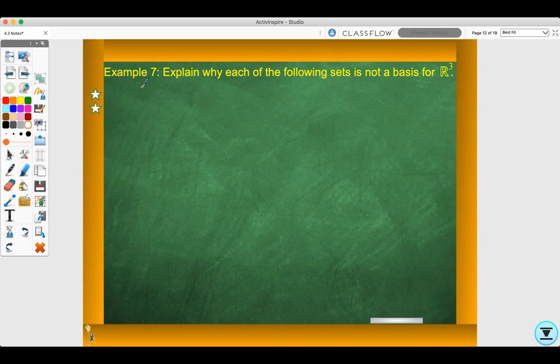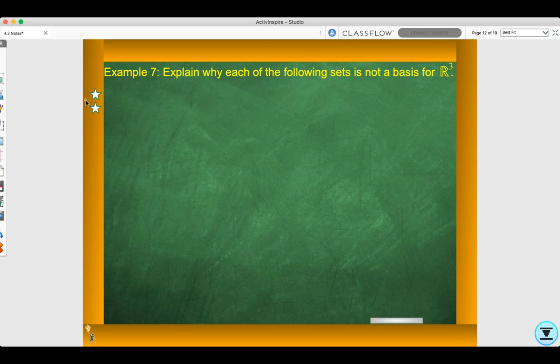Let's look at example 7. Explain why each of the following sets is not a basis for R3. So we have this first set, A. So we have these 4 vectors, and why would this not be a basis for R3? So this is linearly dependent, hopefully you said.